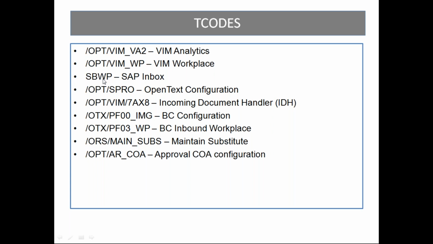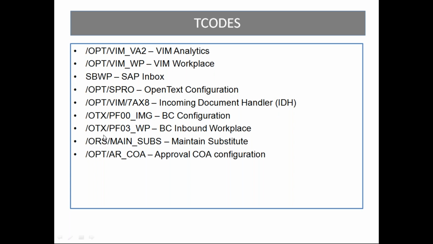We can process the invoices either through SBWP or using this /opt/vim_wp workplace report. Most of you will be using this report, /opt/vim_wp. Okay. And /opt/SPRO is where we do all the configurations related to OpenText. And /opt/vim_786 is the Document Incoming Document Handler ID page, where we will be tracking all the invoices coming from different channels. Okay.